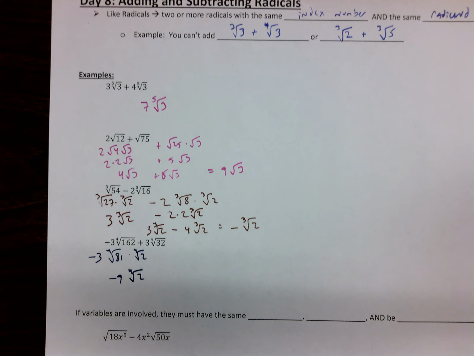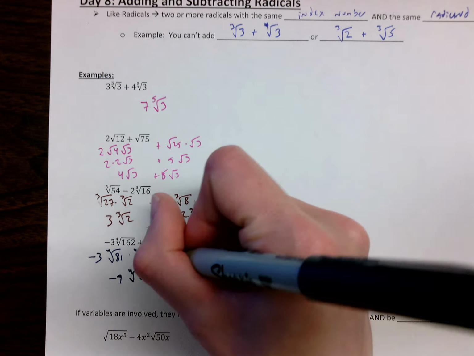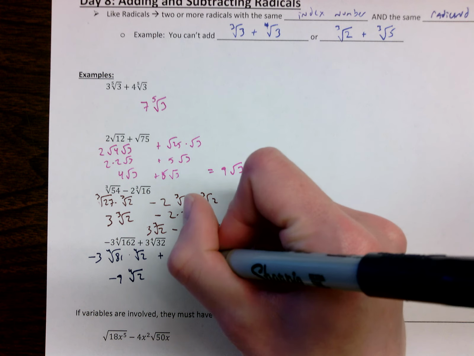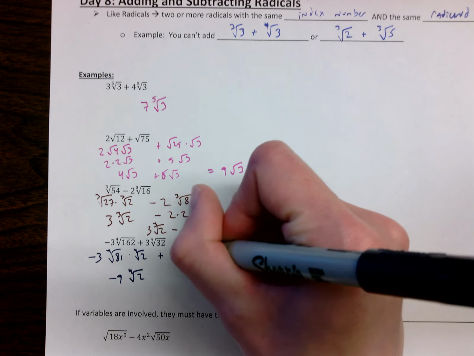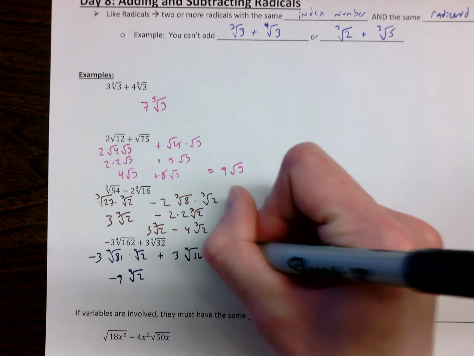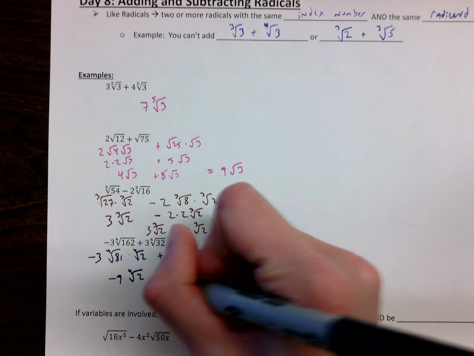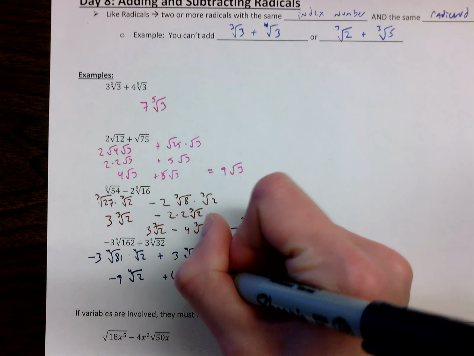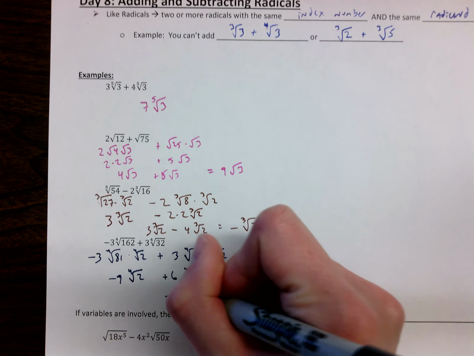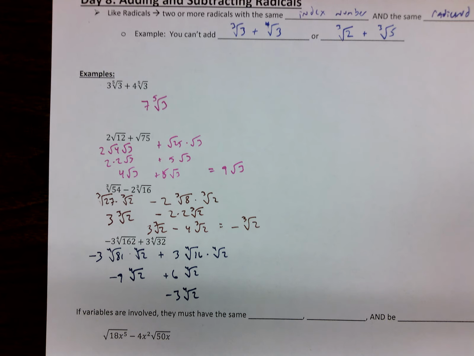And then 32, a fourth power would be 16, so I can break that into the fourth root of 16 times the fourth root of 2. Fourth root of 16 is 2, so that's going to multiply to 6 times the fourth root of 2, and that adds to negative 3 times the fourth root of 2. And there we go.